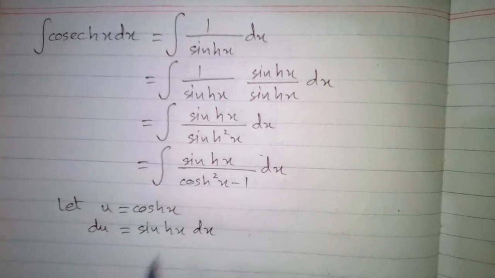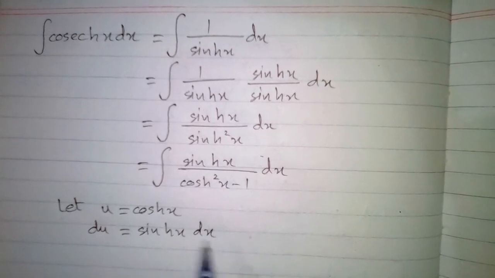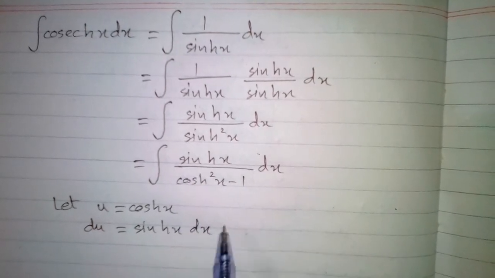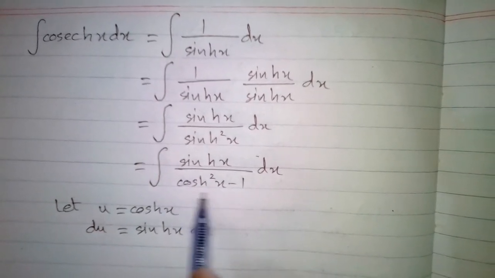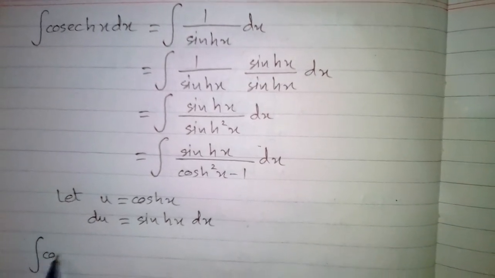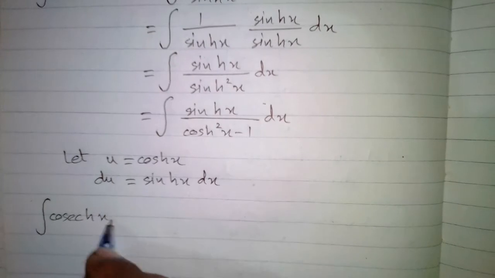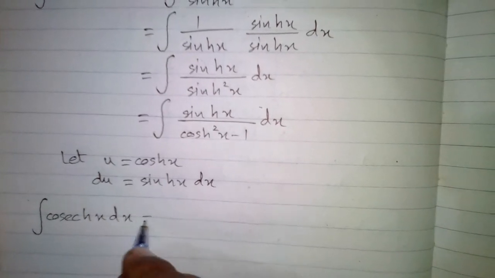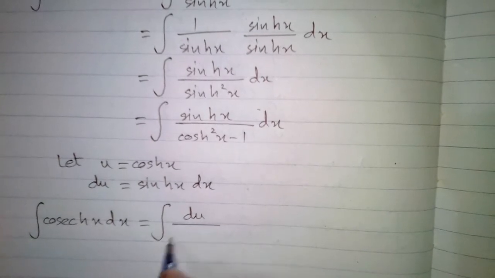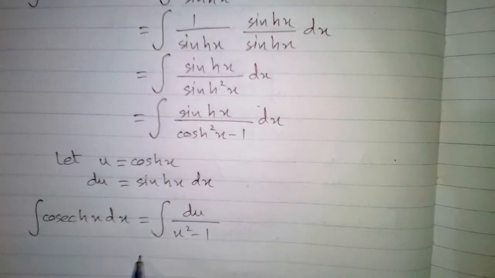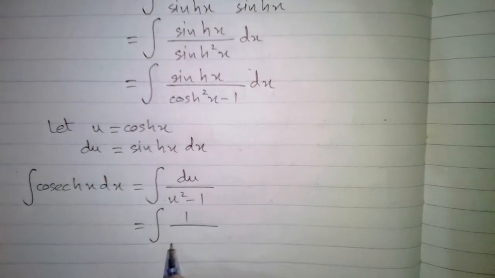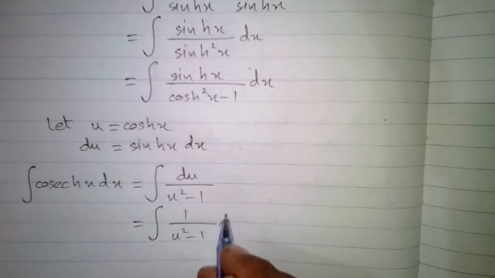Now we can put du in place of hyperbolic sine of x dx in this integral, and in place of hyperbolic cos of x we can put u. So the integral of hyperbolic cosec of x is equal to integral of du upon u square minus 1, or this can be written as integral of 1 upon u square minus 1 du.